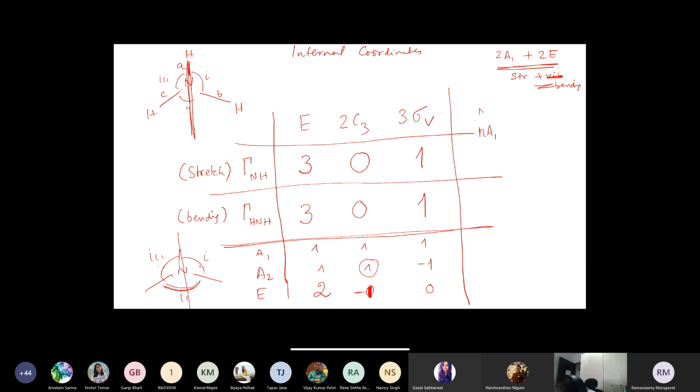I'm doing only for the NH stretching vibrations. It is equal to 1 by 6, the order of the group being 6. E doesn't change: 1 into 3 into 1, that is 3. 2 into 0 into 1, 0. 3 into 1 into 1, 3. So 3 plus 3 is equal to 6, by 6 is equal to 1 A1.